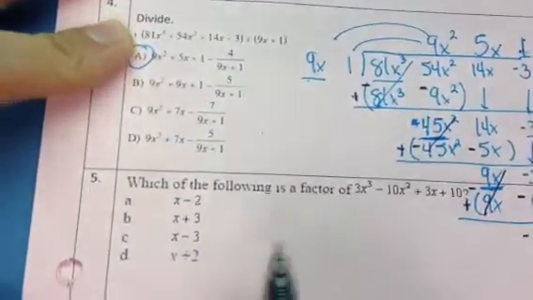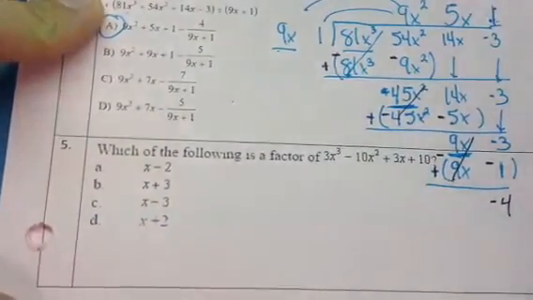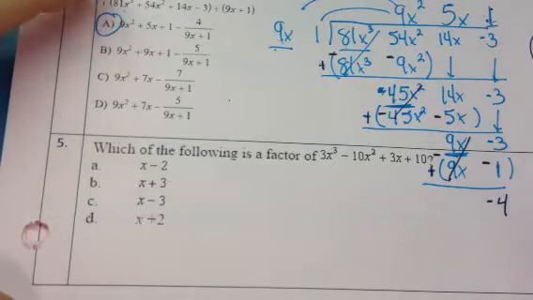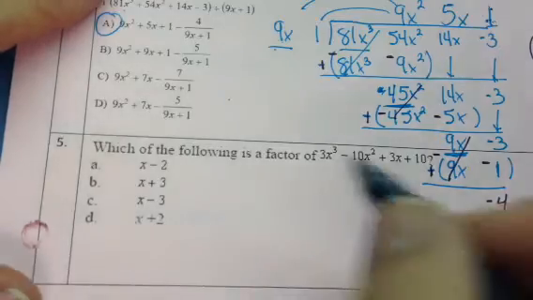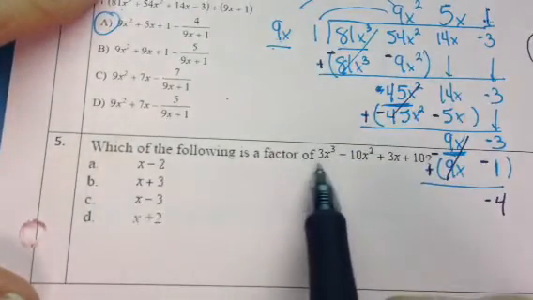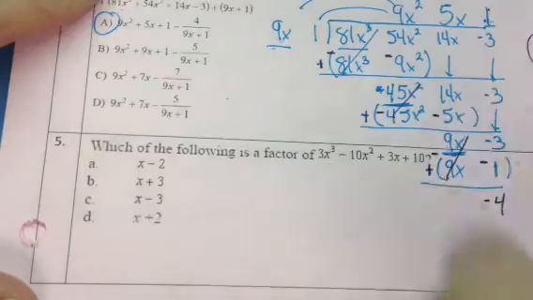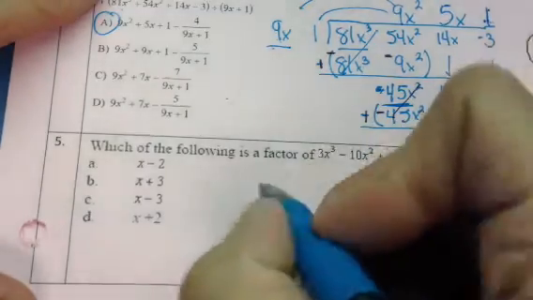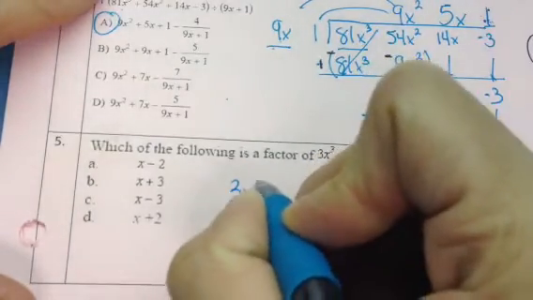My next problem, I need to see which of these is a factor. So there is a fast way to do this, and there is a longer way to do this. I'm going to show you the longer way first. So the idea is I can try to factor this. Well, let me write it here so I have a little more room.